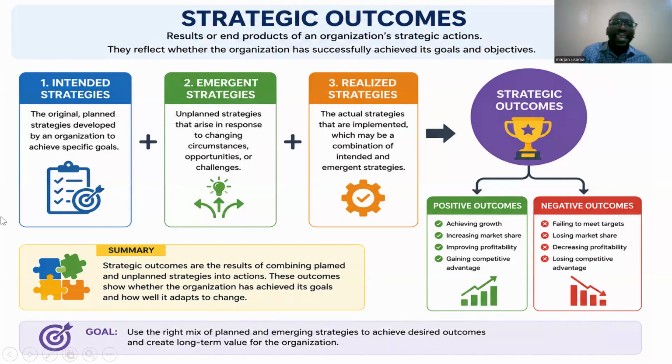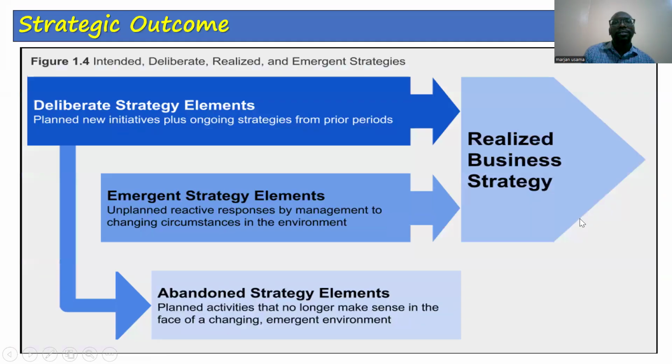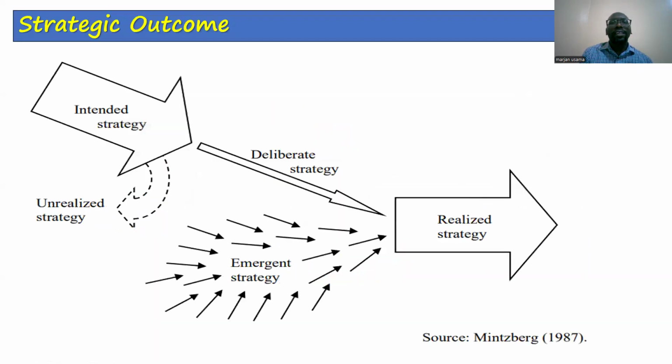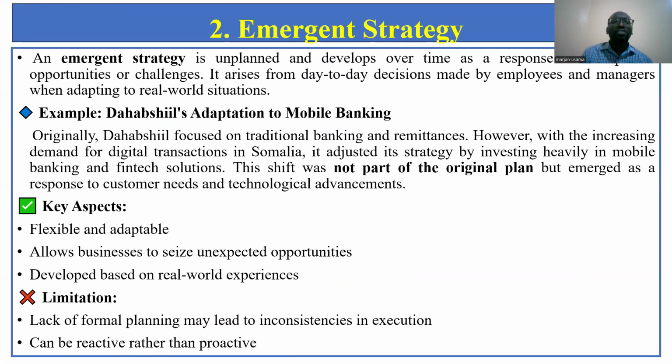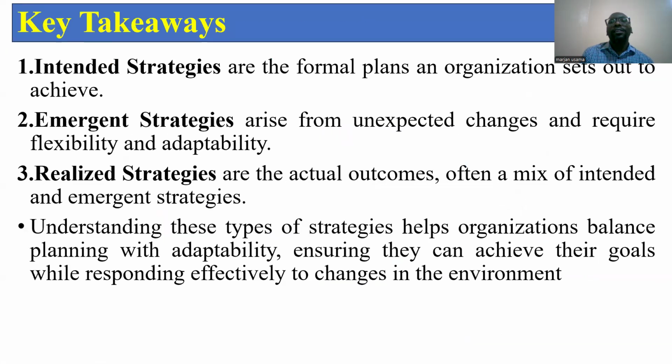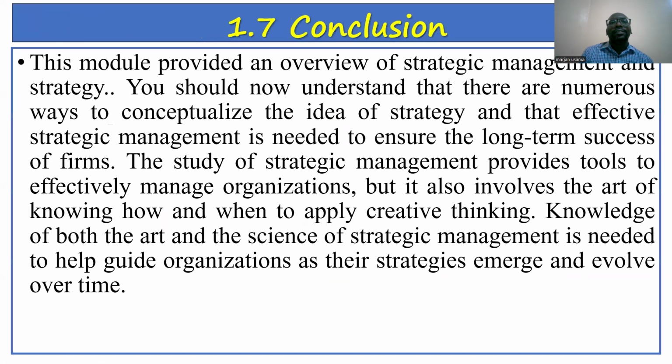So how we manage these three strategies will, at the end of the day, determine if we are going to have positive outcomes or negative outcomes. So this is the same thing. They're just explaining the same thing here. Intended. So this is what I was just explaining, but with the example of the hotel. Okay. So that is the end of our lesson.